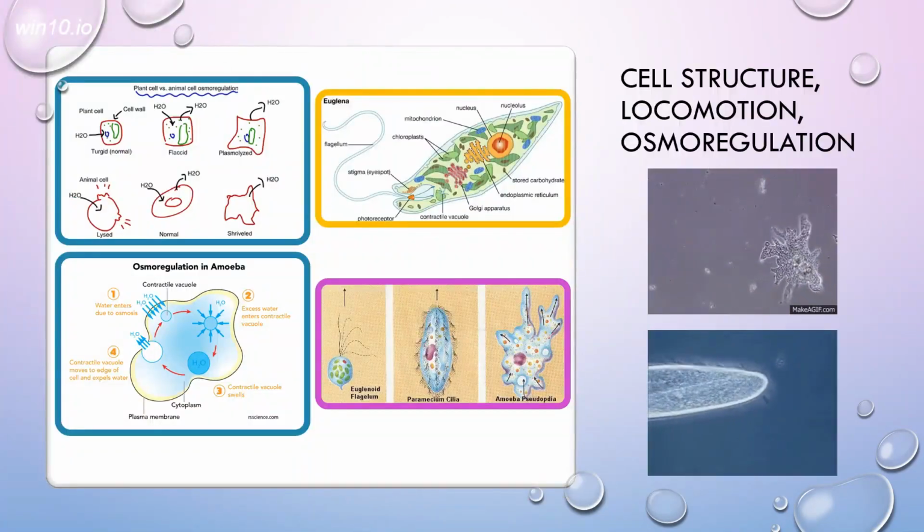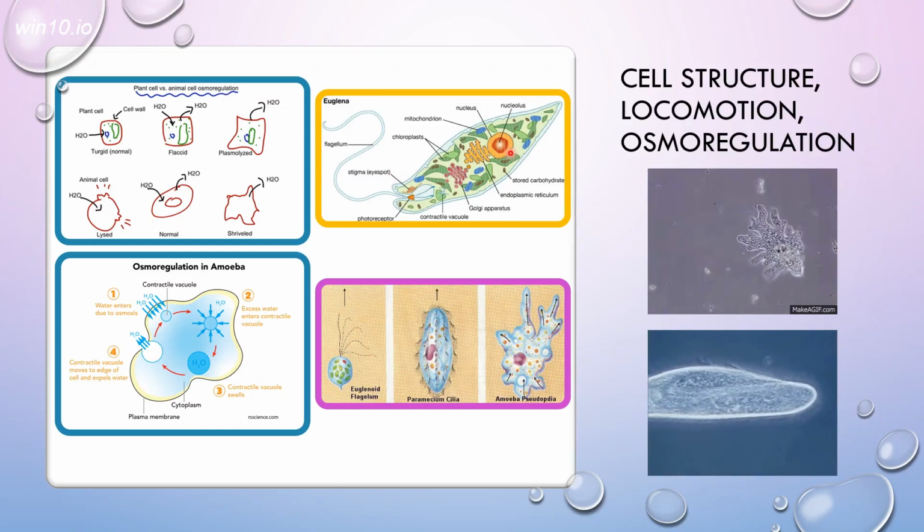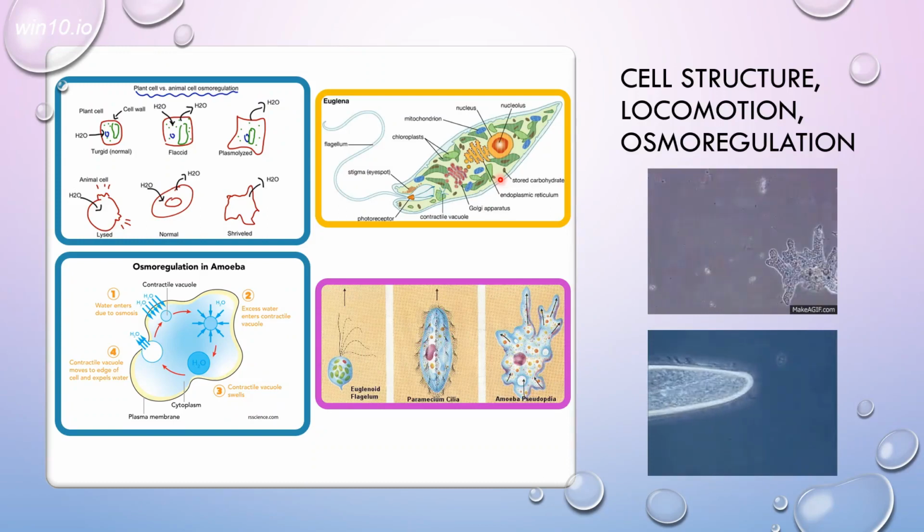Then coming to the cell structure, locomotion and osmoregulation. As I said, these organisms are typical eukaryotes because of the true nucleus, and they have their own mitochondria, the energy currency, whatever you call it, and also the majority of them have chloroplasts and hence are capable of photosynthesis.